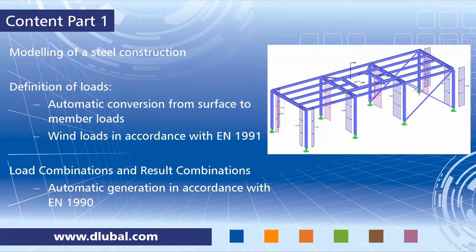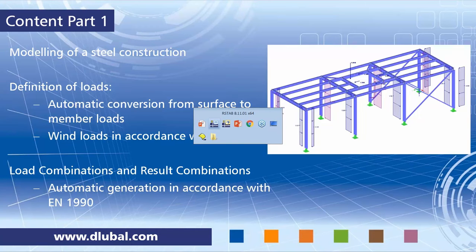So we will define area loads that are automatically converted into member loads, and we will use a generator to create wind loads in accordance with the Eurocode 1. Finally, we will combine these loads, so we create load combinations and result combinations. This is also an automatic tool, and we do it today in accordance to the Eurocode 0.